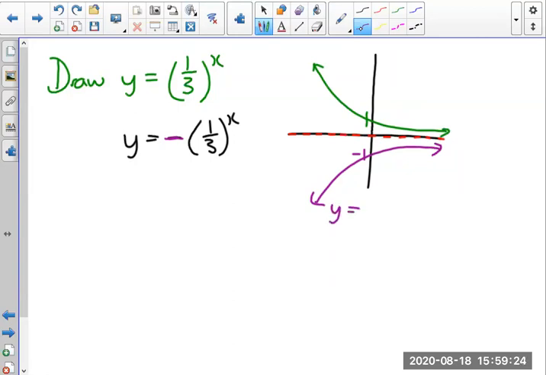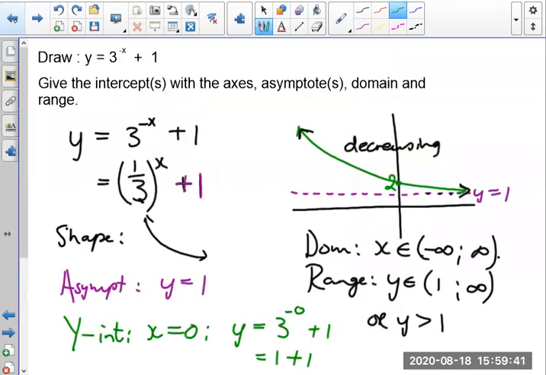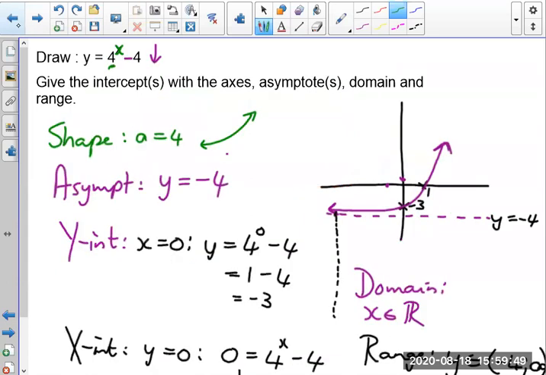So this is below the asymptote, minus a third to the x, and this one is y equals positive a third to the x. So if you go back to all your exponential graphs, the first two that we drew was positive above the asymptote.